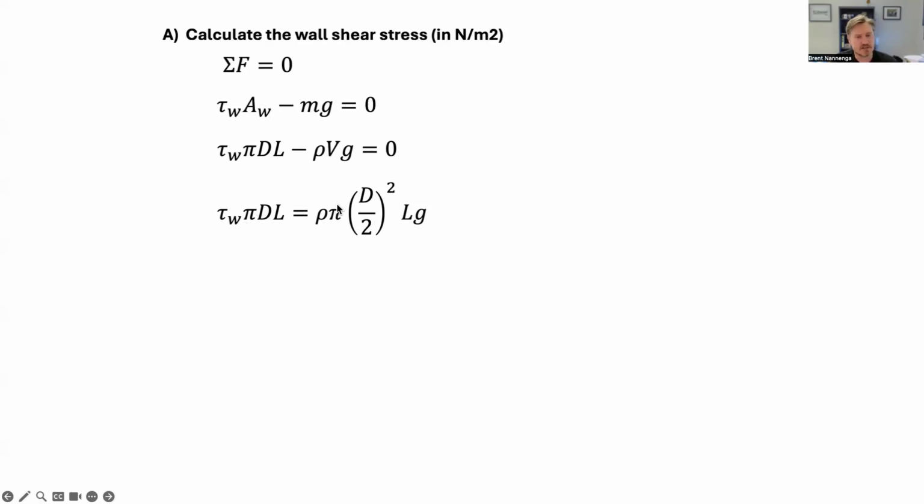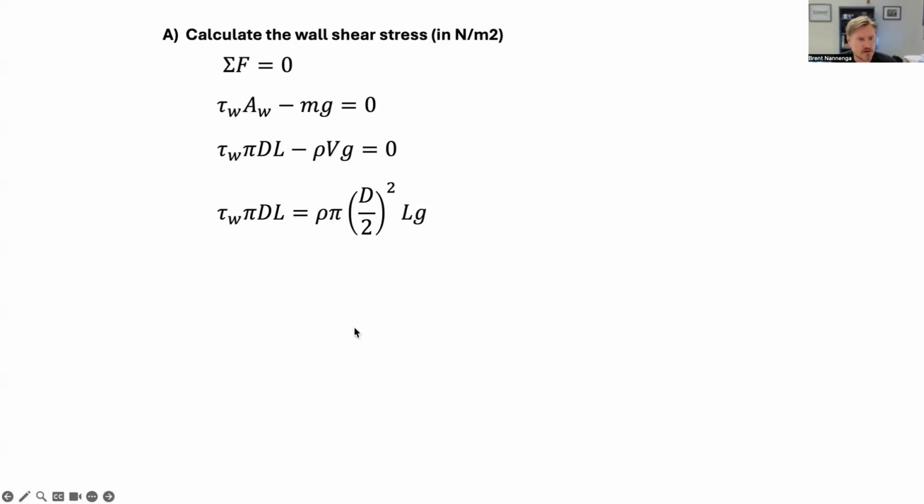Just like this was a circumference times the length, volume is now going to be the cross-sectional area times the length. So the cross-sectional area is going to be diameter over 2, or radius, squared times pi times the length of the pipe.